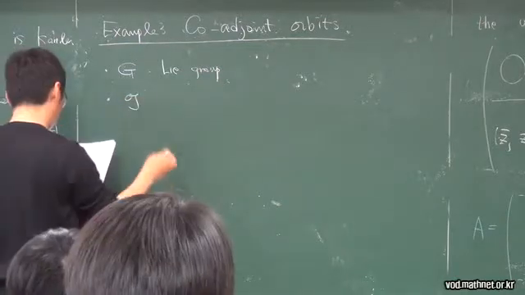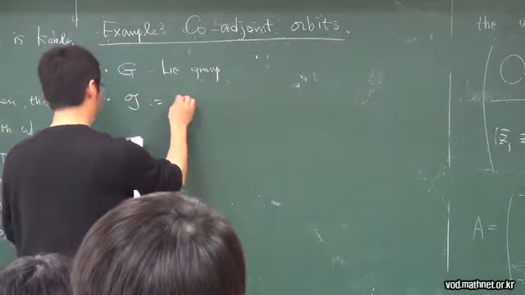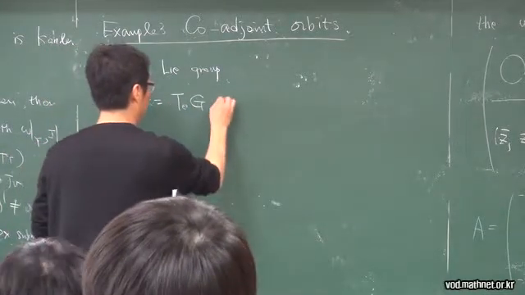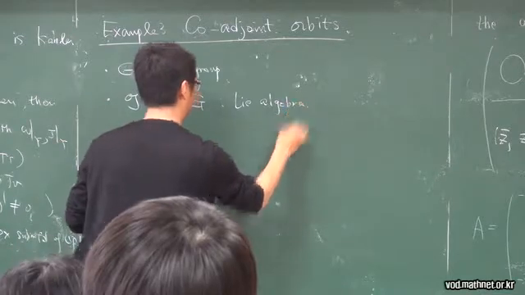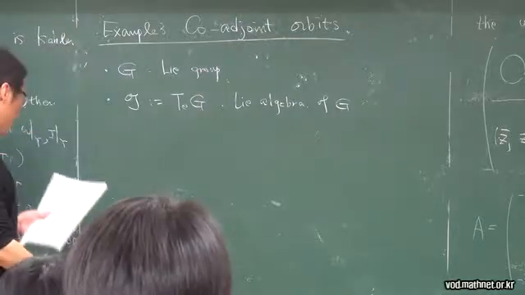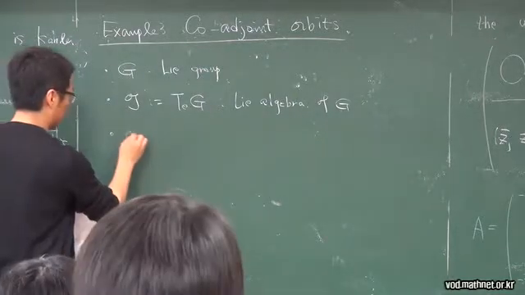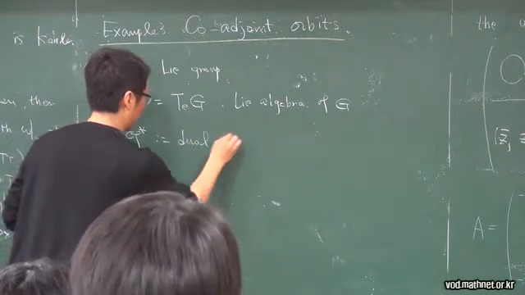And let 𝔤 be the Lie algebra of G, and 𝔤* is the dual of the Lie algebra.